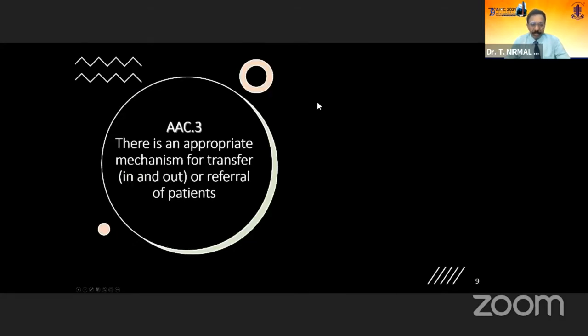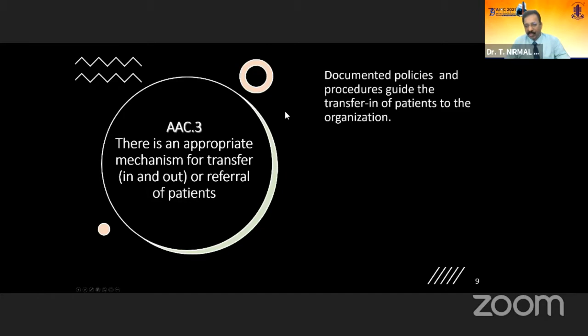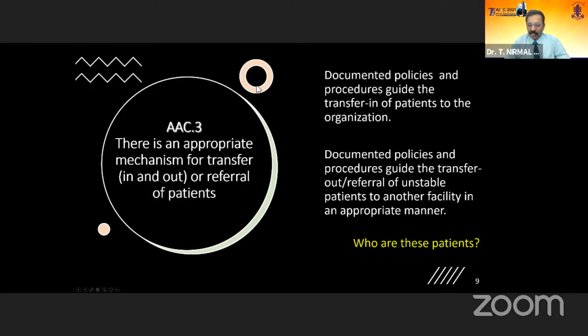The third standard focuses on the mechanism of transfer. Many of our eye care organizations may not have the infrastructure as well as the team to cater for treating emergency patients, so we have to refer them or transfer them out of our organization. We need to have standard operating procedures and policies for transfer out of these unstable patients. Who are these patients?